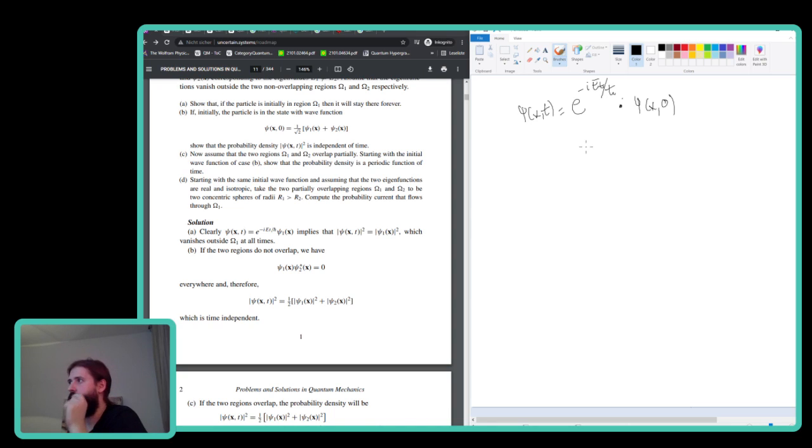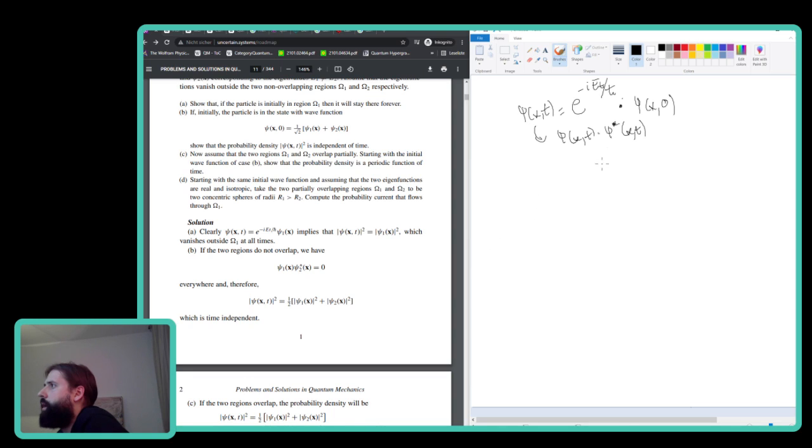We know it's this thing here. If we want the absolute value square, the probability density, it's basically this times its conjugate. The two eigenfunctions are real.